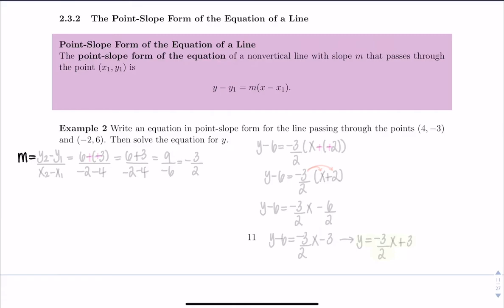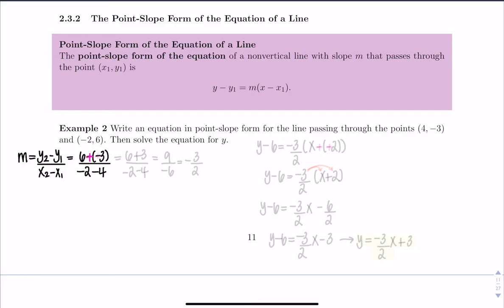So m equals (y2 minus y1) over (x2 minus x1). So this is 6 minus -3 all over -2 minus 4.